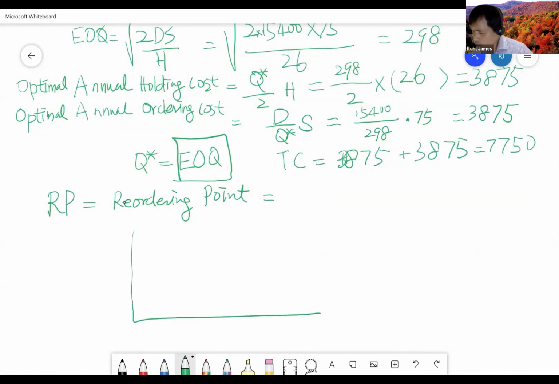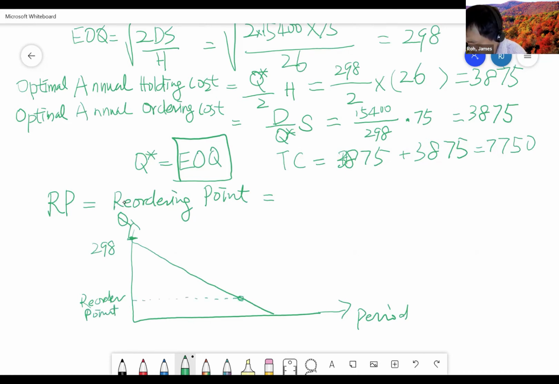So we figured that 298 is right here, and we are going to sell annually, and it's going to flow like that. And when do we need to order it again? Reorder point. So when my inventory is reaching this point, I have to order it again, right? So this is reorder point.